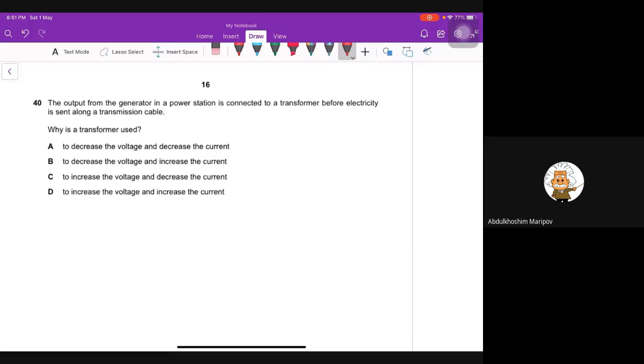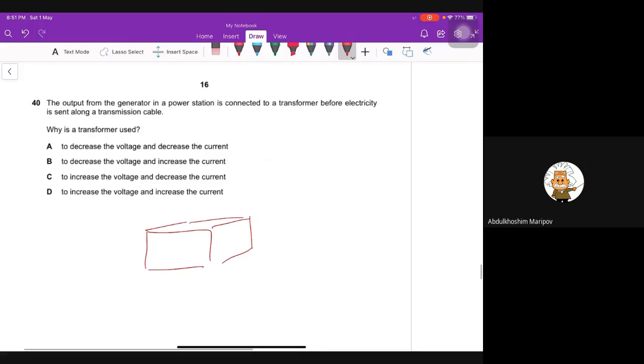The output from the generator, the power source, is connected to a transformer before electricity is sent along the transmission cables. So, why is the transformer used?